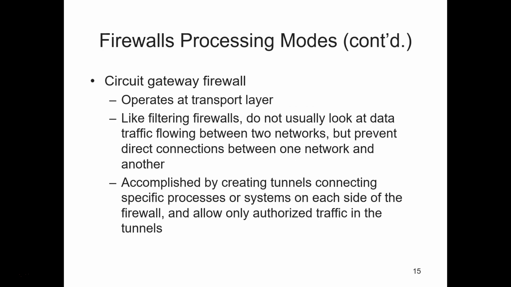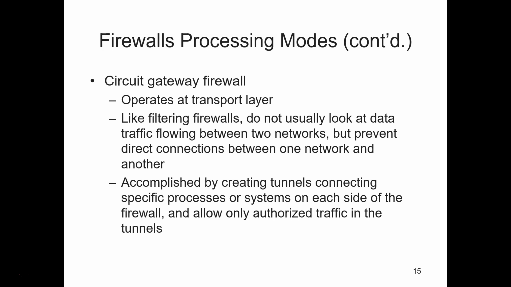The circuit gateway firewall operates at the transport area or layer. Connections are authorized based on addresses. Like filtering firewalls, circuit gateway firewalls don't usually look at data traffic flowing between one network and another, but they do prevent direct connections between one network and another.